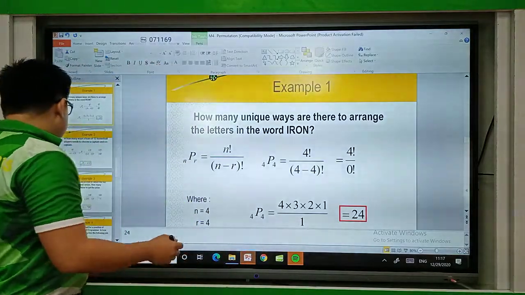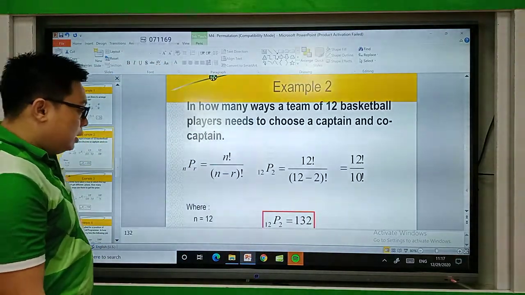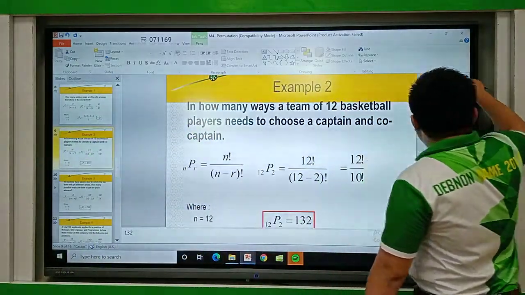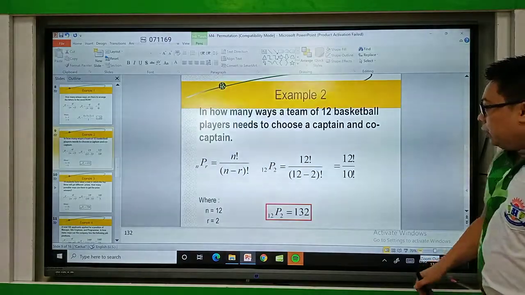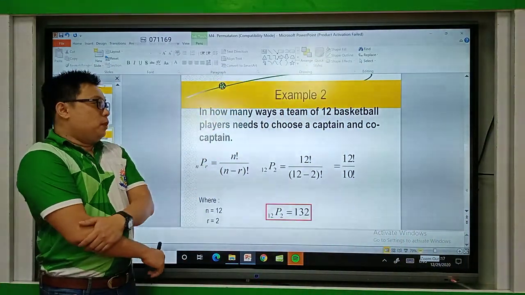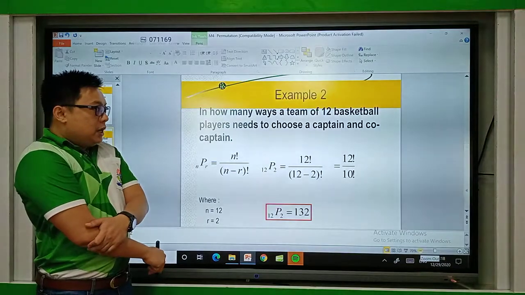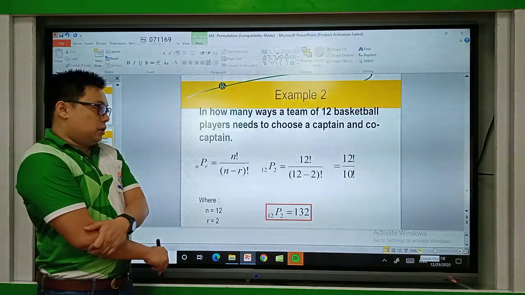Okay, I have here example number 2. In how many ways can a team of 12 basketball players choose a captain and co-captain?